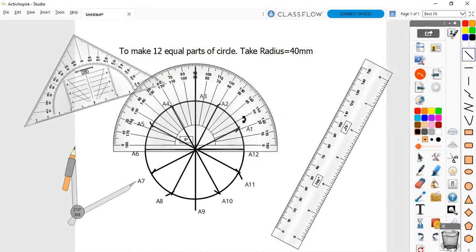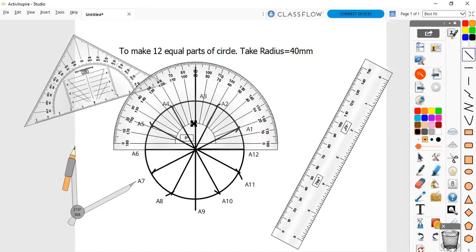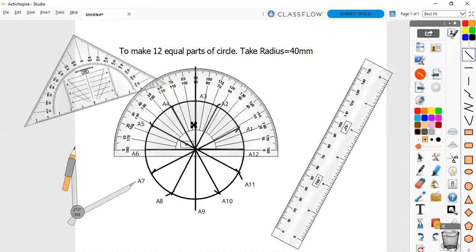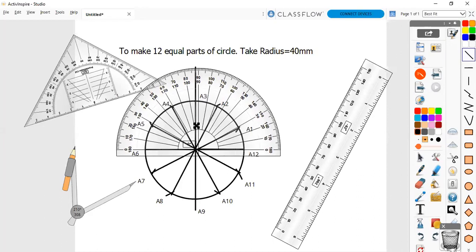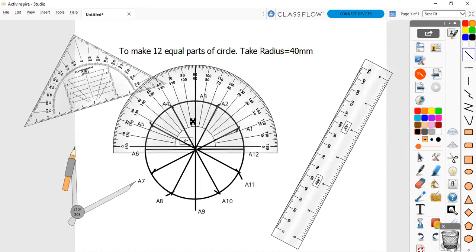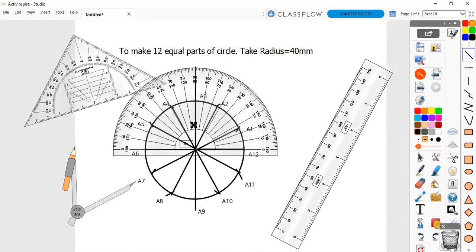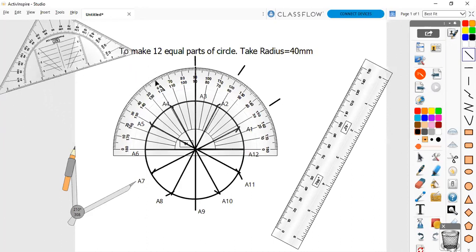You can see the angle is 30 degree, 60 degree, 90 degree, 120 degree, 150 degree, and 180 degree like this. So this is one method here that you can use to draw it.